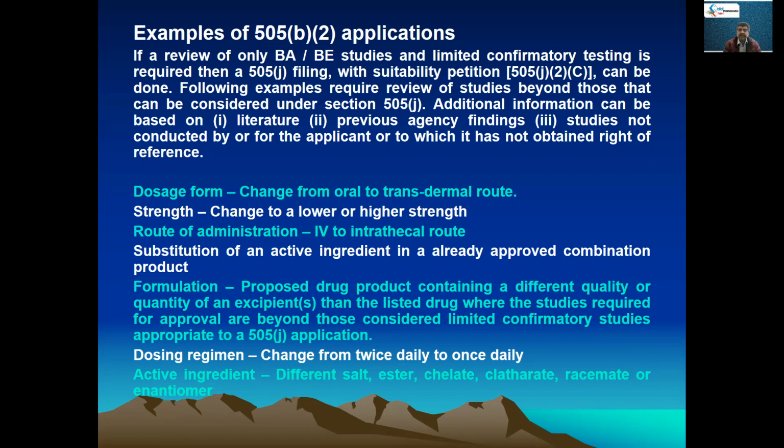If there is a change in the API, even by way of a different salt form, then it will be considered as a 505(b)(2) application, and additional studies of safety and effectiveness will have to be carried out by the applicant, or they will have to be picked up from literature or some other source for justifying the efficacy and safety of their product. So these are some of the examples where usually the 505(b)(2) route of application shall be applied.